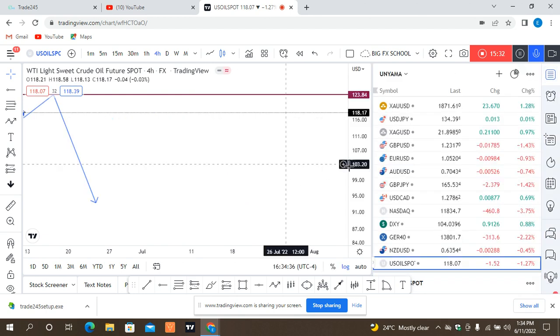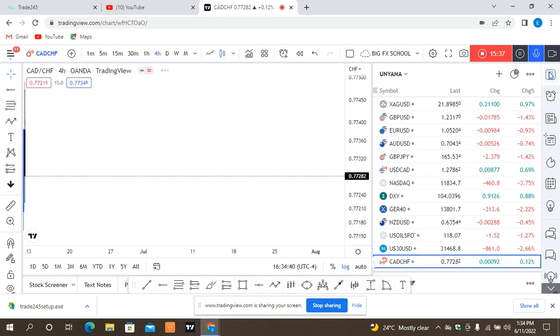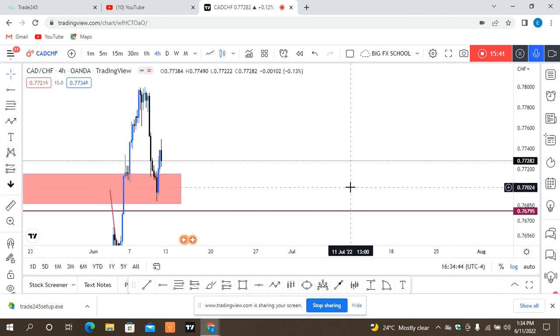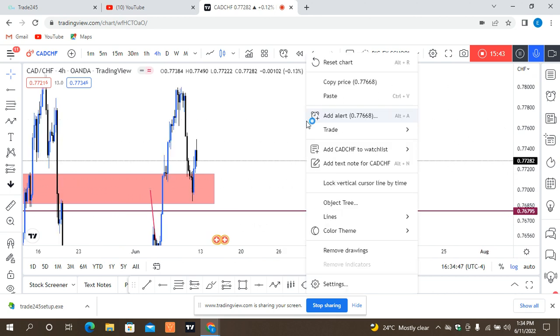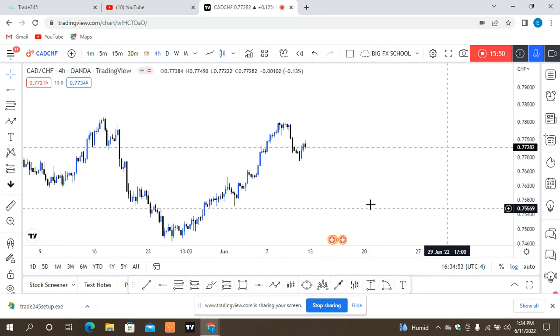Another good trade is CAD CHF. CAD CHF is like that.